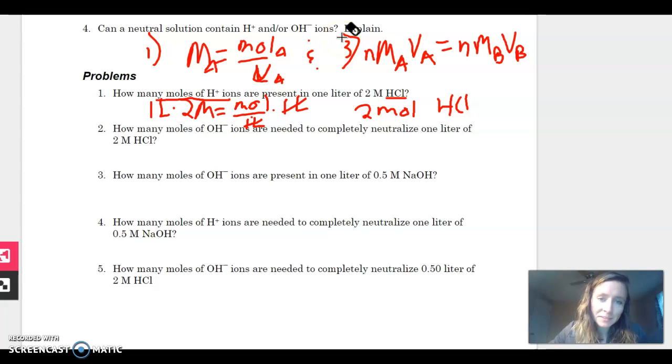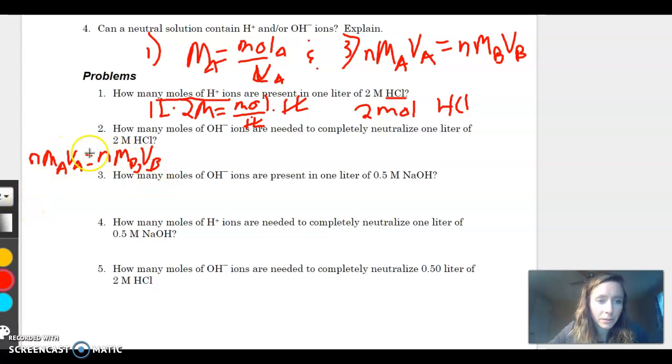So it depends on which way you want to go about it. And, you know, because I feel like your first instinct would be to use number 3 based on what I just said, that you should use this equation for when you are dealing with acids and bases together. So I'm going to use equation number 3, and we're going to go from there.